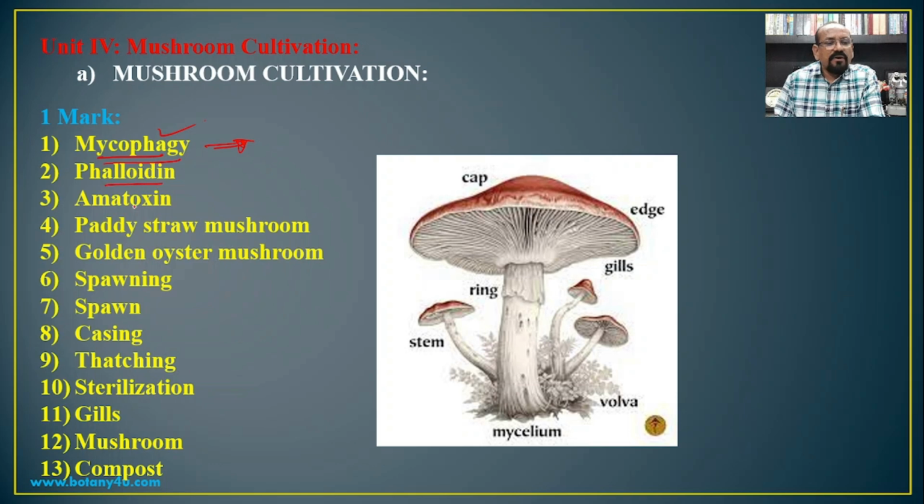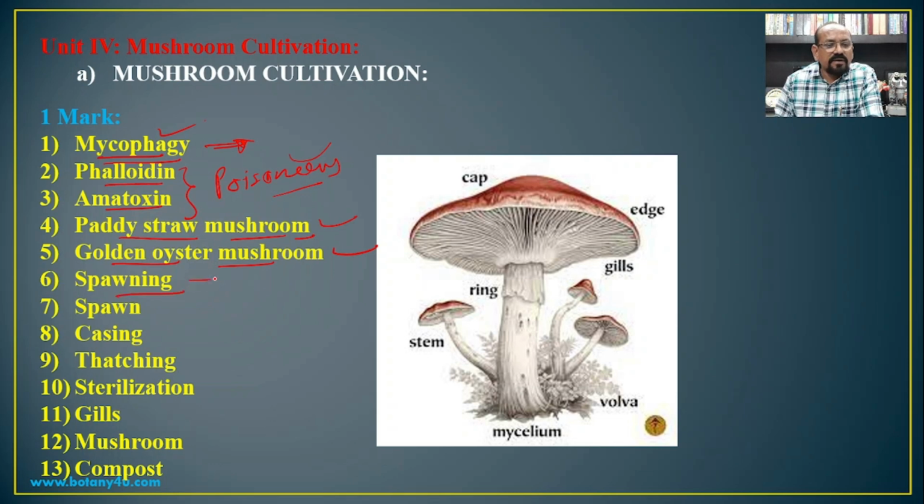Then phalloidin and amatoxin, these are the components secreted by the poisonous mushrooms, and these are fatal to humans when poisonous mushrooms are consumed. Then paddy straw mushroom, earlier we have seen that Volvariella volvacea is known as the paddy straw mushroom. Then Pleurotus citrinopileatus is also known as the golden oyster mushroom.